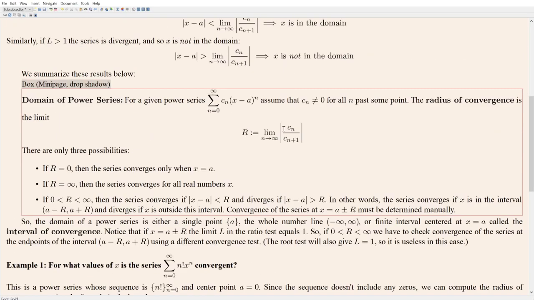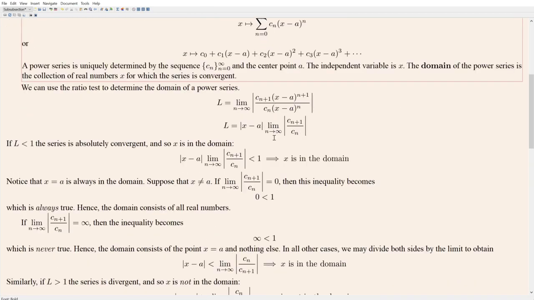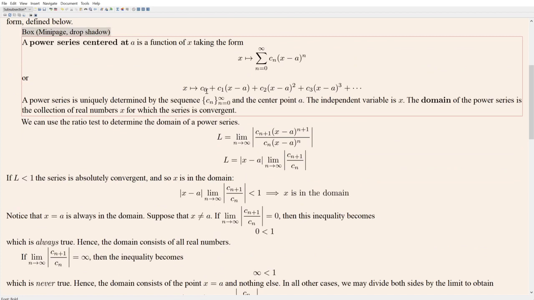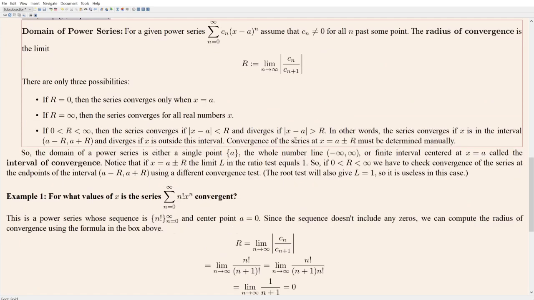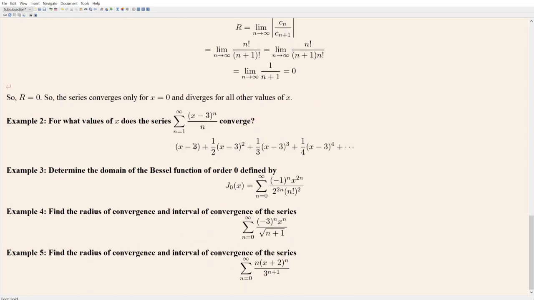Notice that in a power series, the first term is a constant, and the second term is the one where x shows up. So that means this term here is actually the second term of the power series, and the first term is 0.